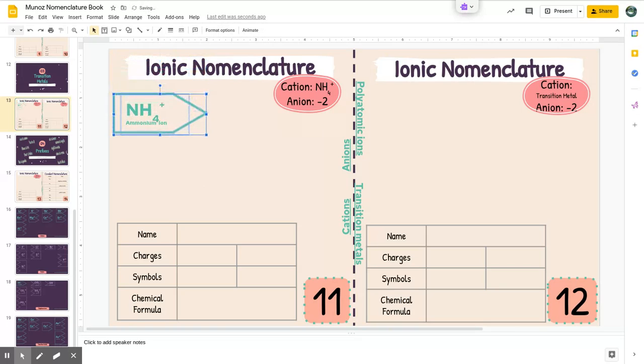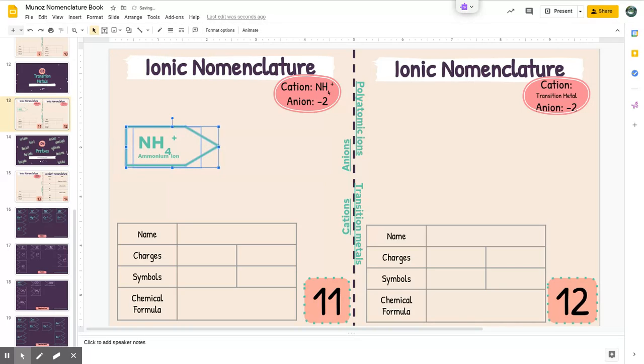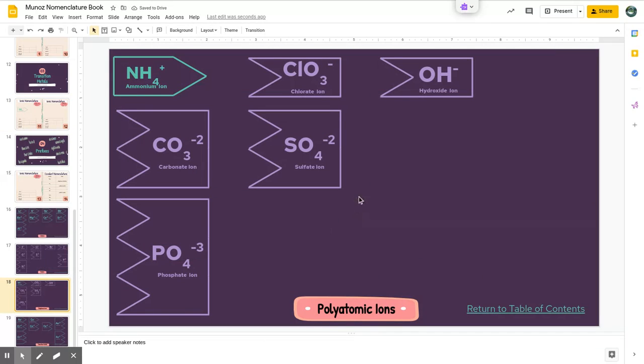paste that here. And I'm going to pick a polyatomic ion that has a -2 charge. You don't need to pick this one, but I'm going to pick it because I'm going to show you something. So I'm going to pick sulfate for my anion.